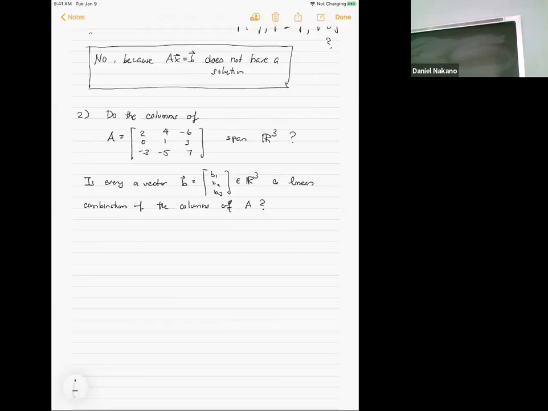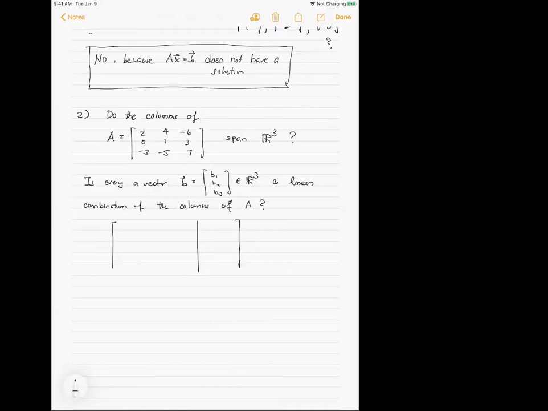So to answer that question, what I do is I set up, I already put it up there. So what should I put on the left-hand side here?